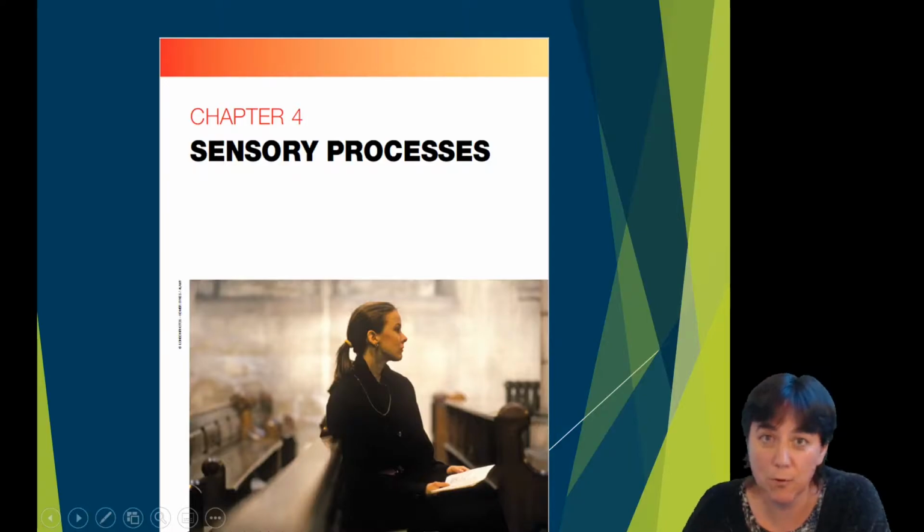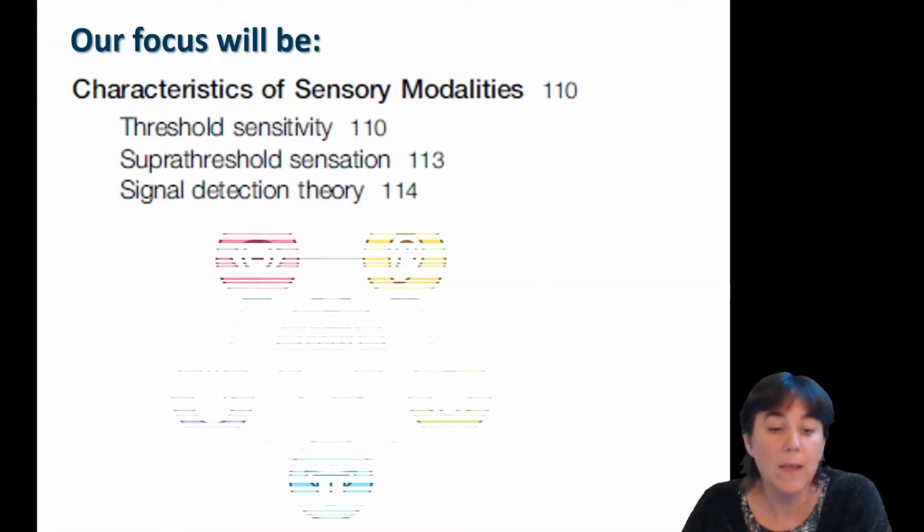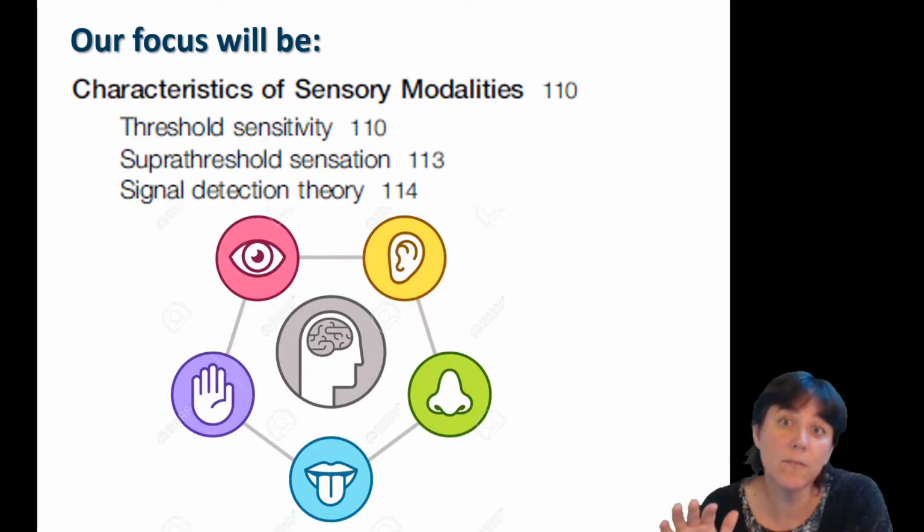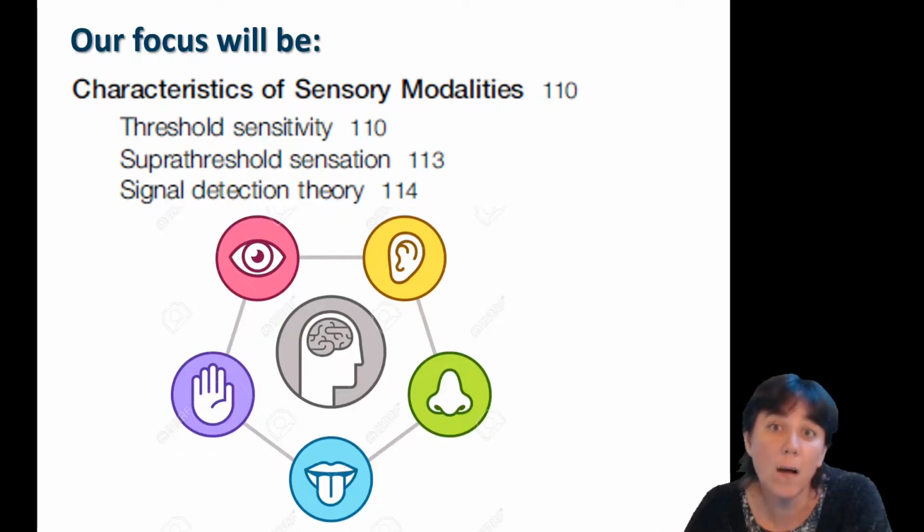And let's continue by the sensory processes in chapter 4. In this chapter, we will talk about all the senses. So you have vision, hearing, smell, taste, and touch, including pain and some very small pressure and other sensory feelings. But for the introductory psychology course, we will stay on the surface explaining what is common in these different sensory processes.